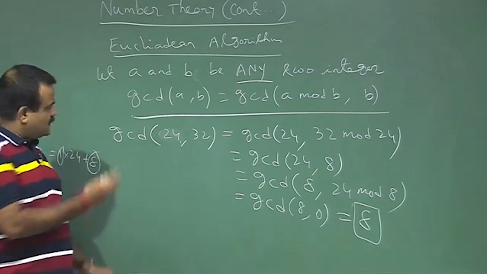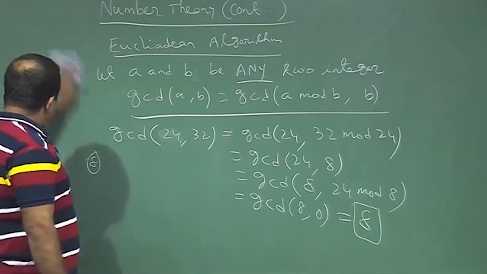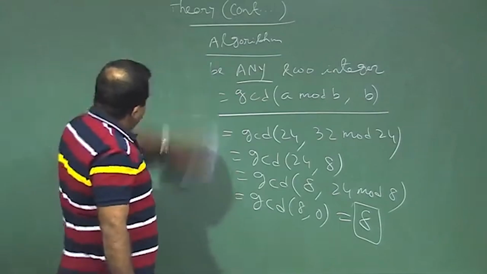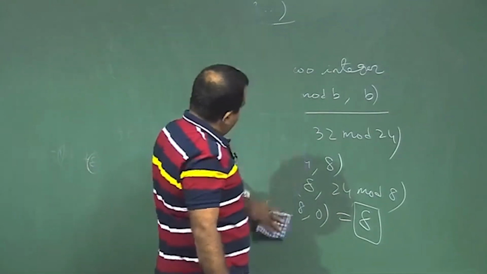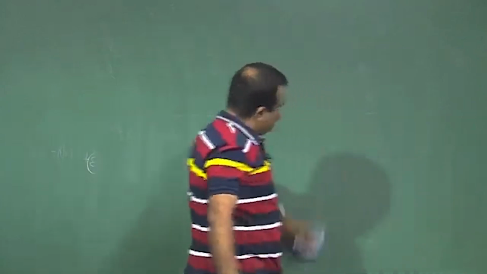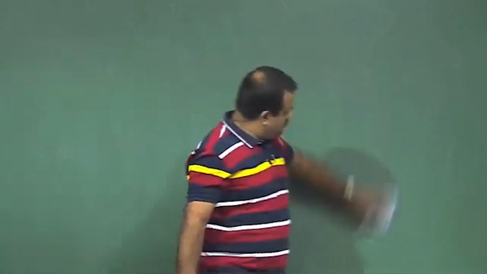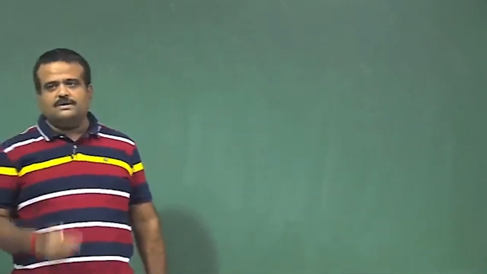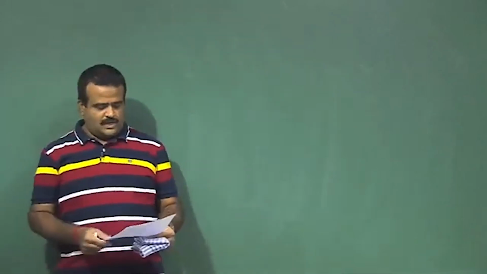This is what is called the Euclid algorithm. So, we will write it in a formal way. Basically we keep on calculating the remainder until it converts to 0, then the previous one will give us the GCD of a, b.